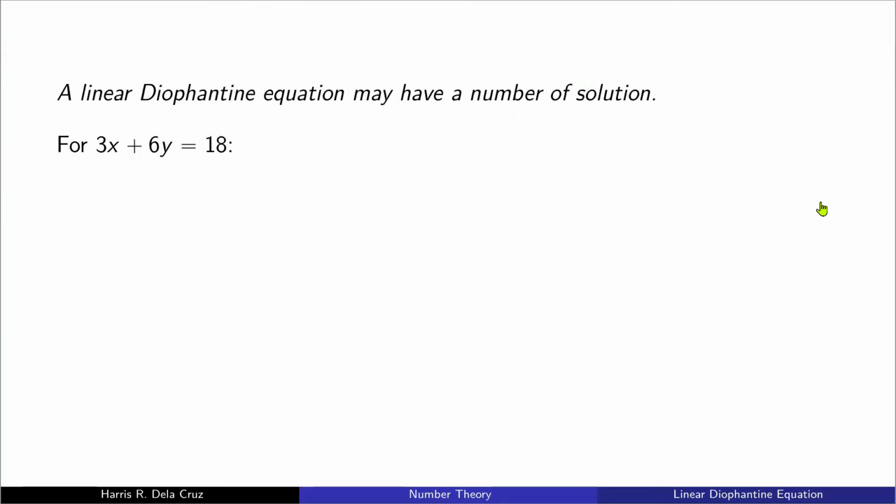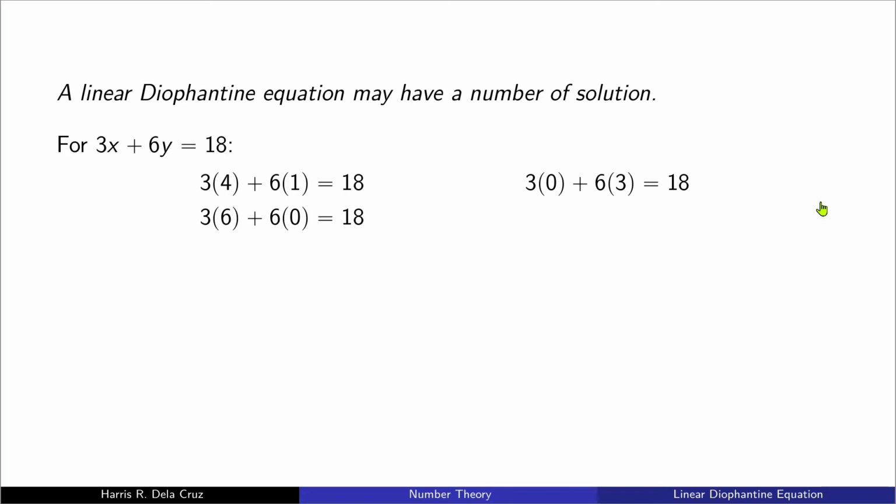So a linear Diophantine equation may have a number of solutions. For example, we have 3x + 6y = 18. We can easily see that 3 times 4 plus 6 times 1 is equal to 12 + 6, which is 18. 3 times 0 plus 6 times 3 is also 18. 3 times 6 plus 6 times 0 is equal to 18. 3 times negative 4, which is negative 12, plus 6 times 5, which is 30, is also 18.